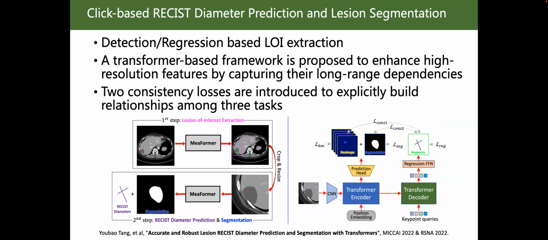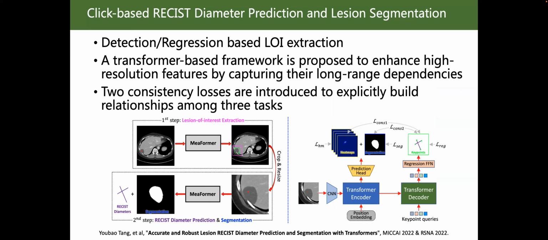Although the previous two methods have been proposed for this task, there is still some space to improve the accuracy and robustness. For example, enhancing the features by incorporating rich contextual information while keeping high spatial resolution, and involving some new tasks and losses for joint optimization. Therefore, to reach these goals, a transformer-based network is proposed for lesion segmentation and RECIST diameter prediction.